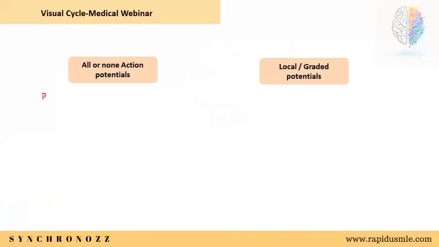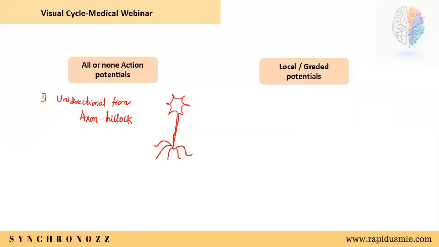Number 1, all or none action potentials are generated in a unidirectional manner from axons. That is, it starts from axon hillock and it goes towards the synapse. So here is the neuron, and whenever action potential is generated, these are the axon terminals and these are the dendrites which I am drawing here.